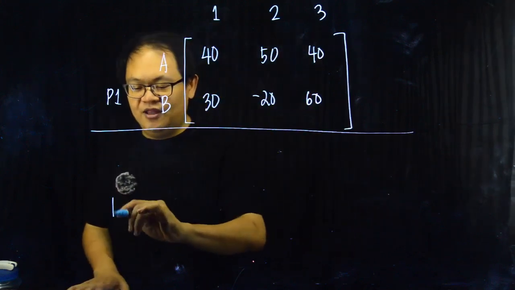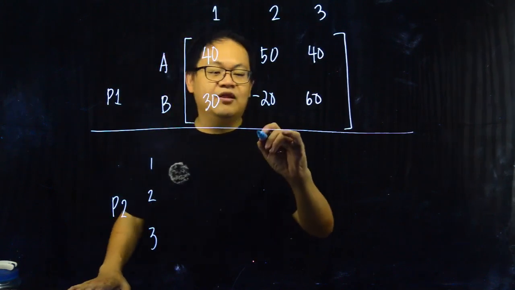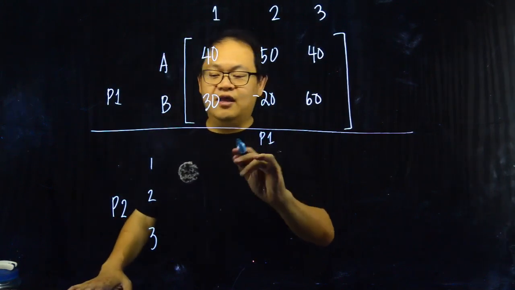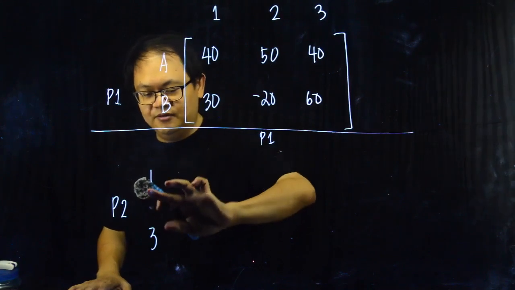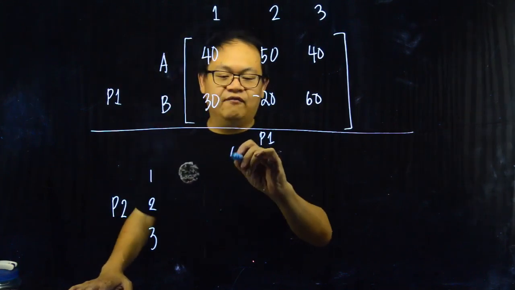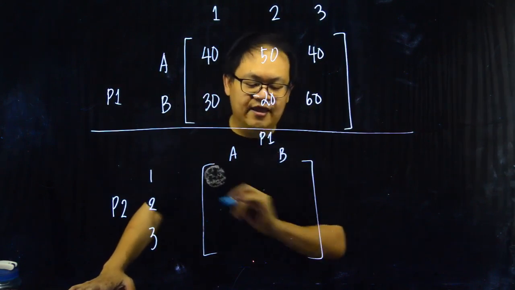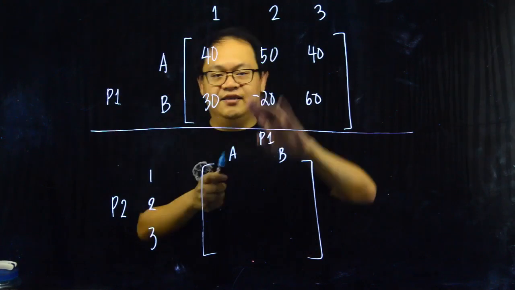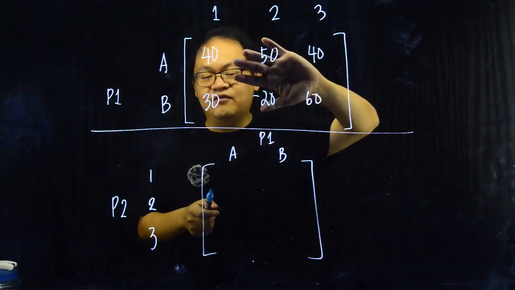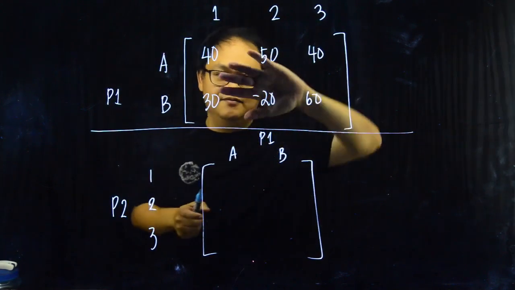Okay? So we'll have player 2 here. We'll have 1, 2, and 3. We'll have player 1 here, we'll bring it lower. We'll have A and B here. Okay? And again, as discussed a while ago, if you wanted to convert this payoff table into the payoff table in the point of view of player 2, all you have to do is transpose and negate.